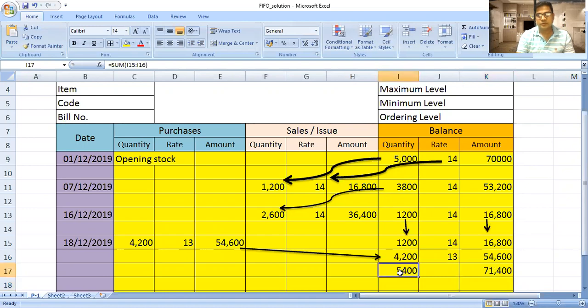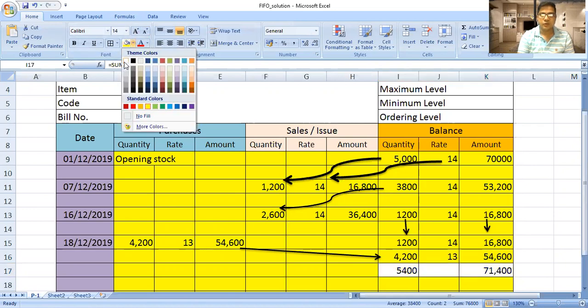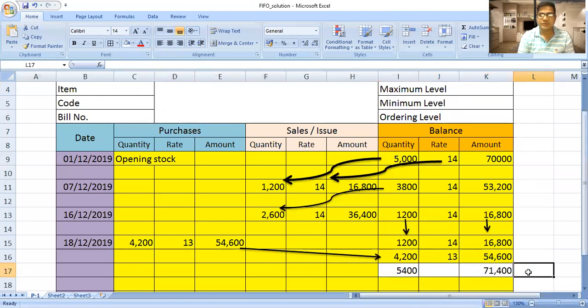So we can see that we have a closing balance. On which date do we have this particular closing balance? On 18/12/2019, we have a closing balance of 5,400 and their value is 71,400.